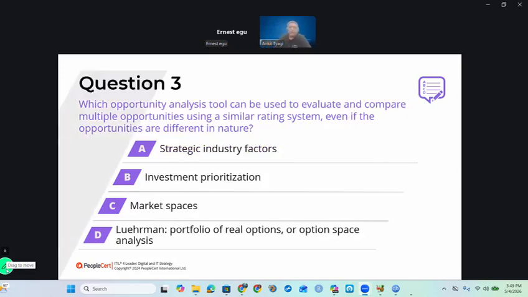Which opportunity analysis tool can be used to evaluate and compare multiple opportunities using a similar rating system, even if the opportunities are different in nature? Let me give you an example.